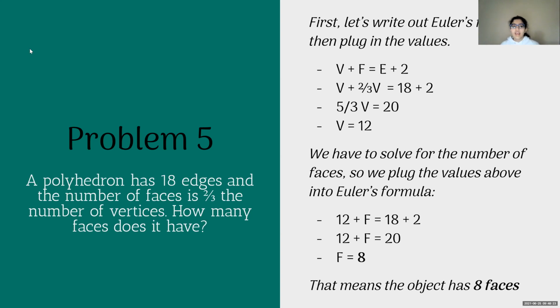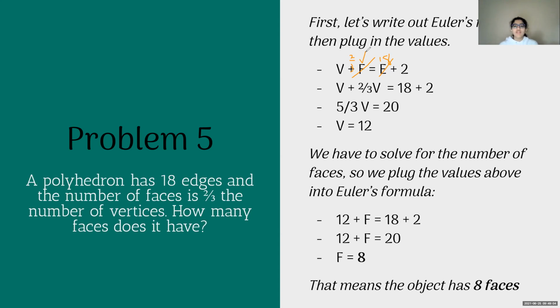We are also given that the number of faces is 2/3 the number of vertices, and that there are 18 edges. So v plus 2/3 v is equal to 18 plus 2, which simplifies to 5/3 vertices equal to 20, meaning that there are 12 vertices.